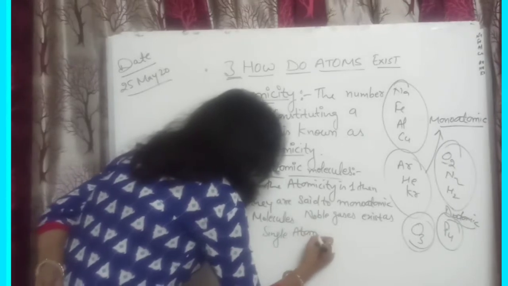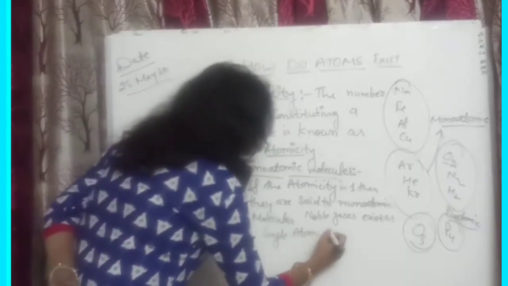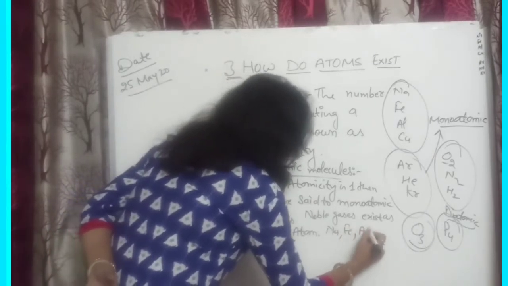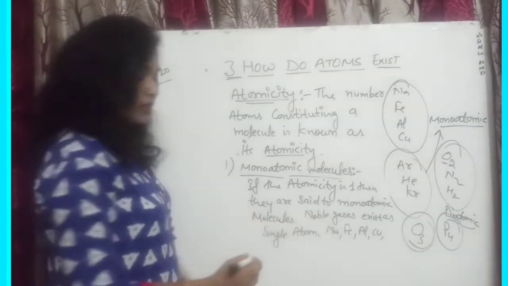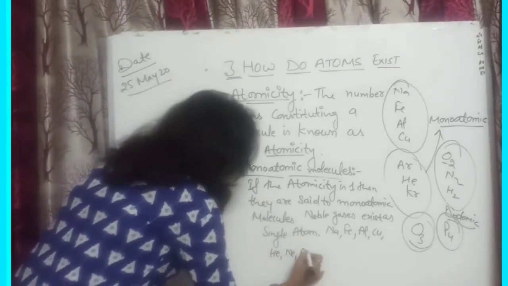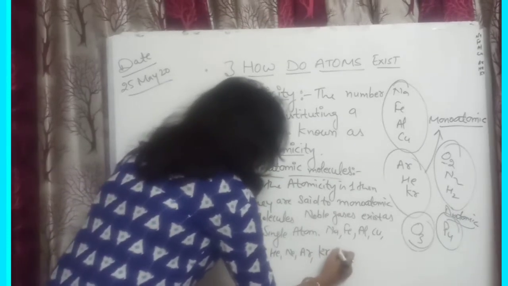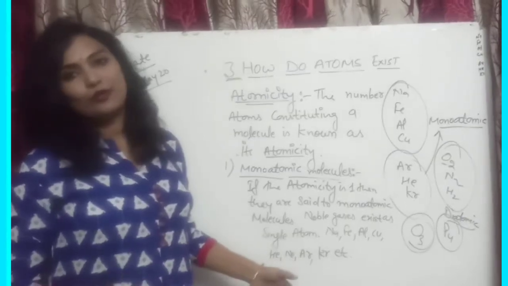That's why these are monoatomic. What are these? These are sodium, iron, aluminium, copper, and I have told you noble gases. Noble gases are helium, neon, argon, krypton, radon, etc. So these are monoatomic molecules.